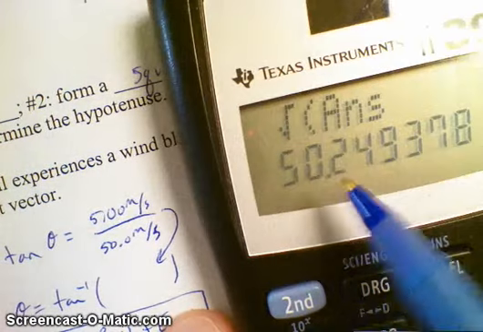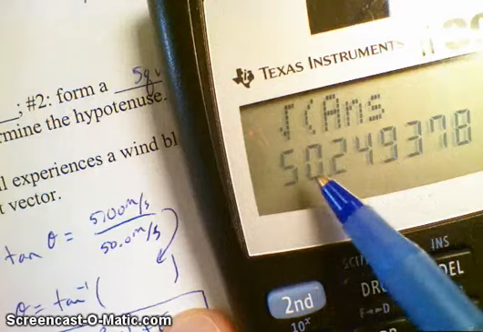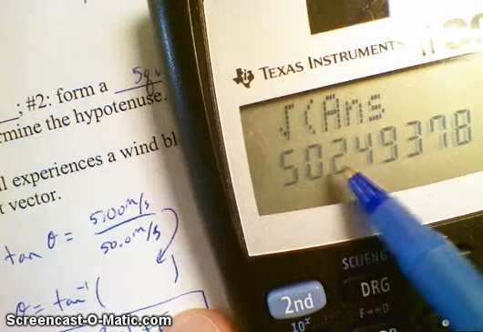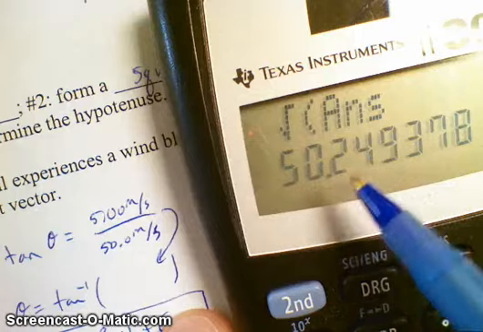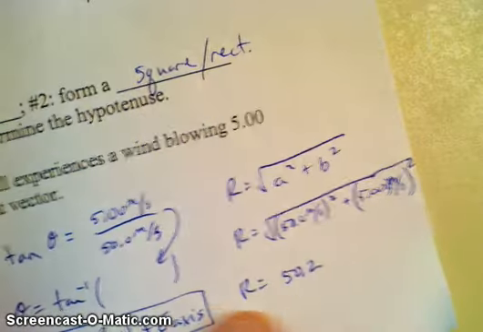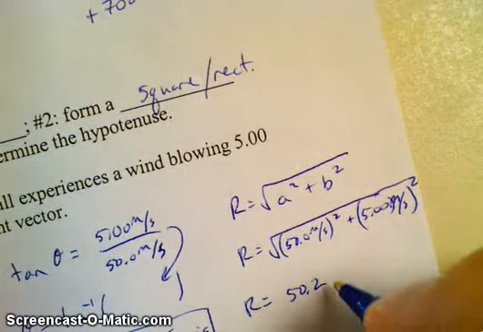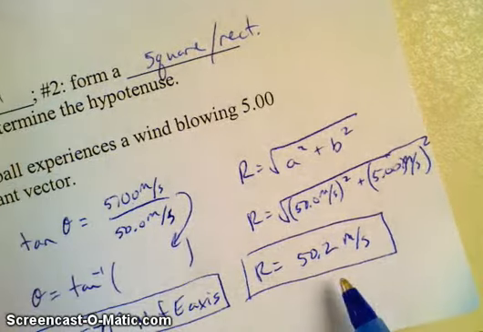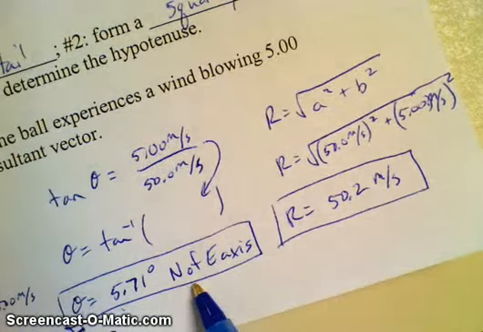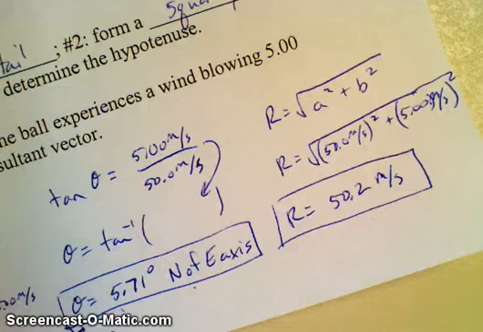So don't double round. So this isn't 50.25 and then round it to 50.3. What's the number right after the 2? It is a 4, so we round down. So 50.2 is the answer, and it's in meters per second. So there's the magnitude, and there's the direction of this.